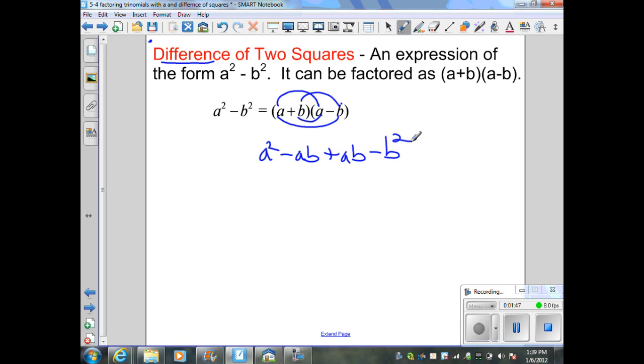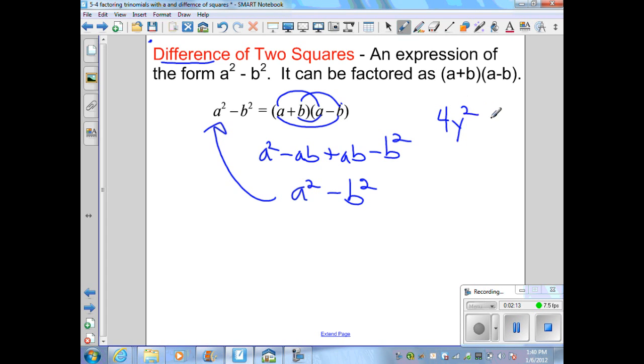And notice, when the signs are different, here plus minus, and the coefficients in my expressions are the same, here 1ab and 1ab, then what happens is my middle term drops out, leaving me my perfect squares, which verifies the difference of squares.